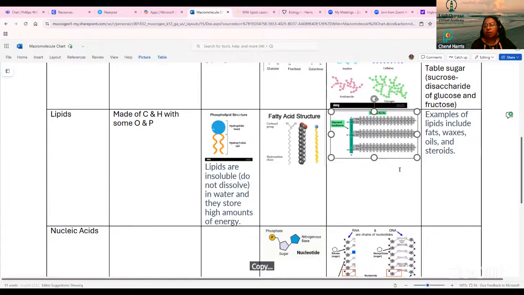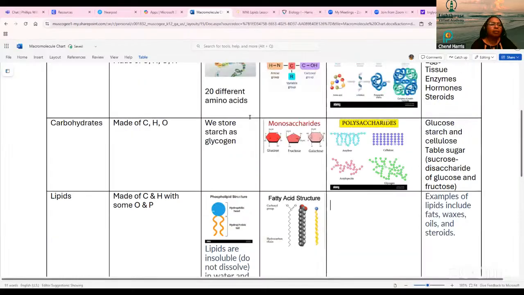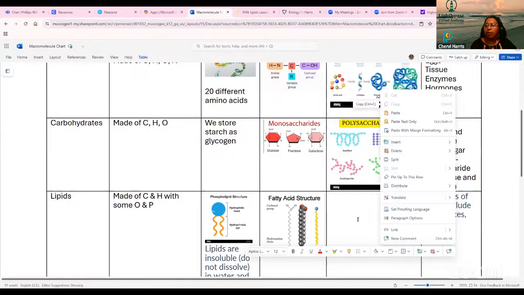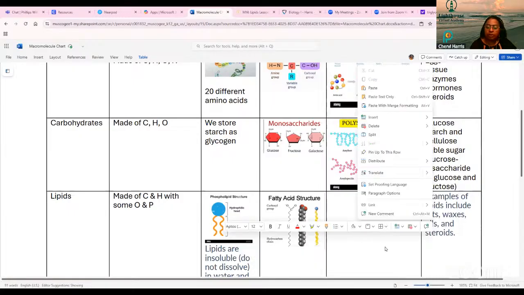Copy and, ah, there's a thing that says undo. Anyway, let me do this.